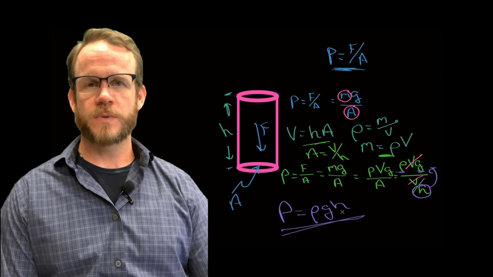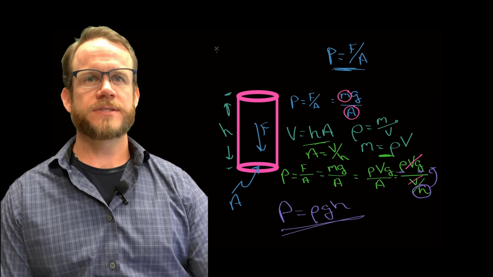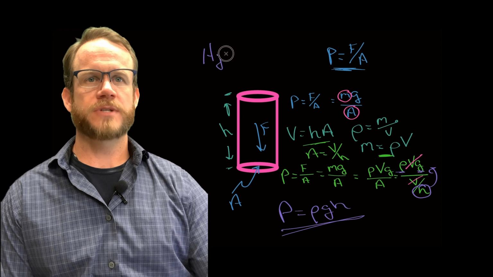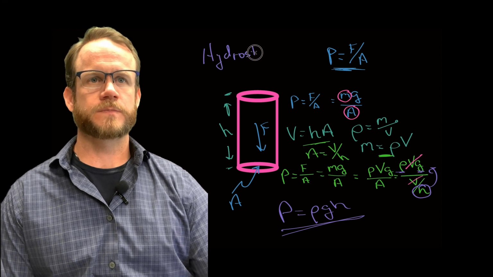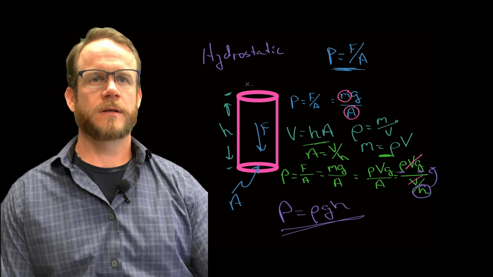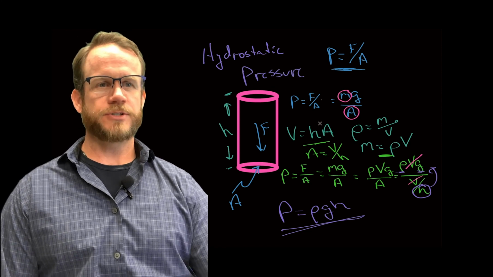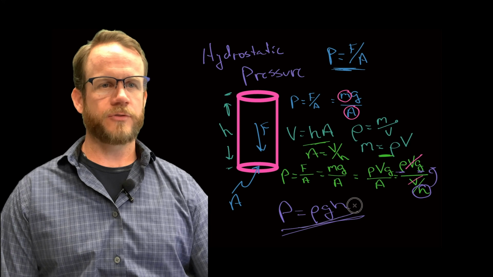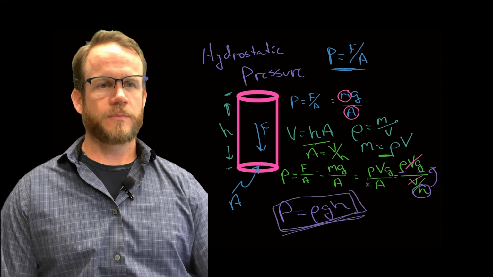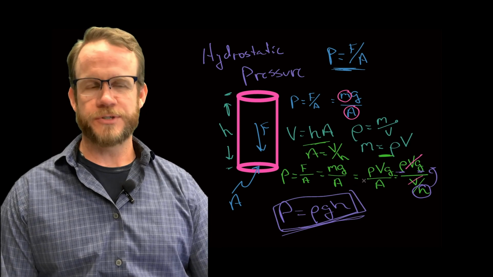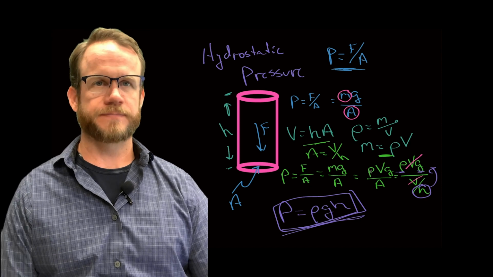So we have all the things we need to figure out pressure. And this is something called hydrostatic pressure. So going forward, yes, you do need to know this formula, all right? P equals rho g h, density times gravity times height.